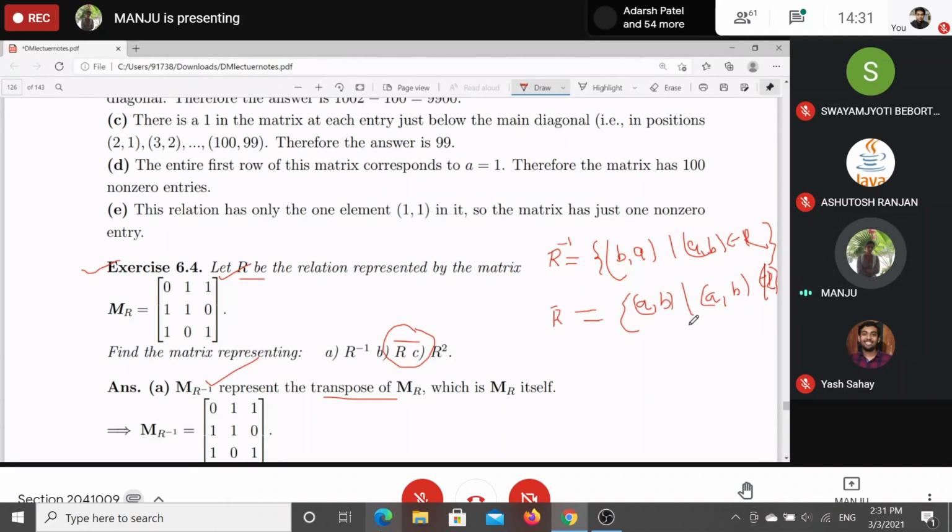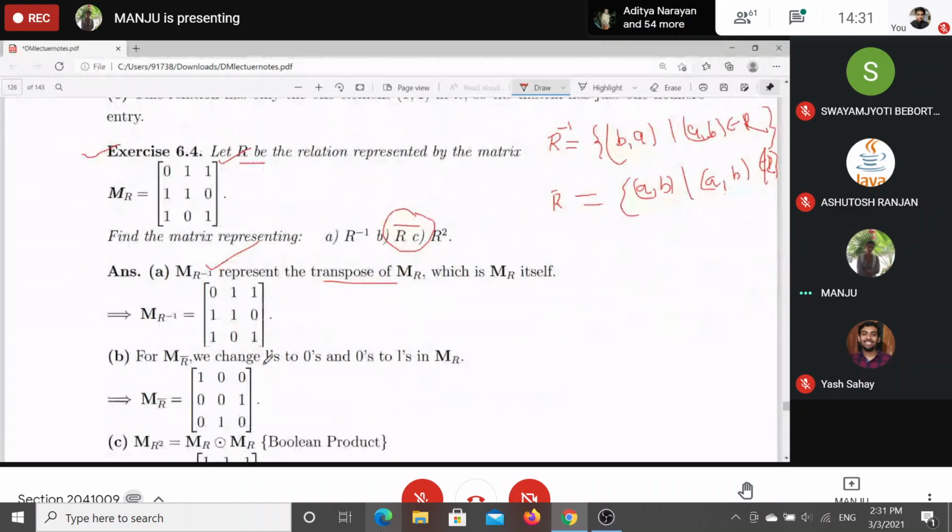So you are correct. 1 is replaced by 0 and 0 is replaced by 1. Clear? So MR complement will change 1s to 0s and 0s to 1s, right? So here in 3 places only it will be 1, otherwise 0. Clear? What about MR2? Calculate it.